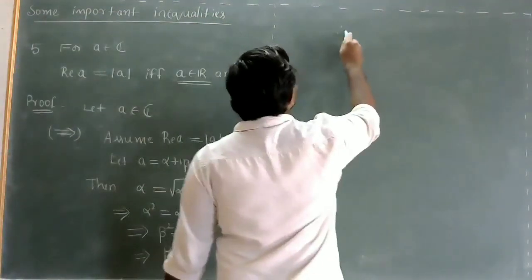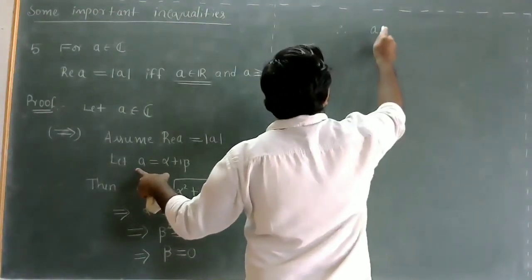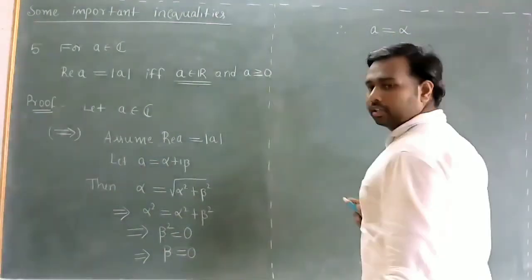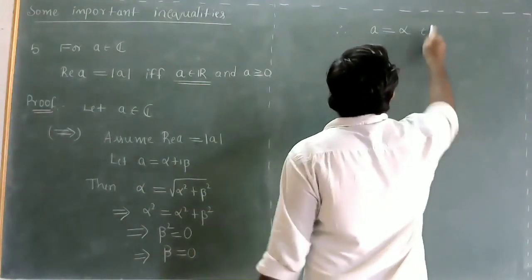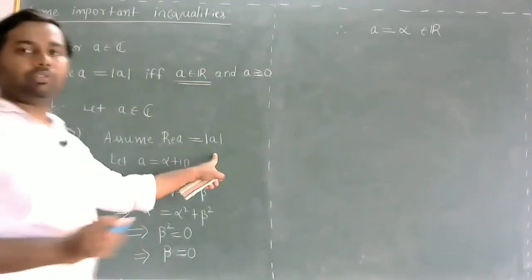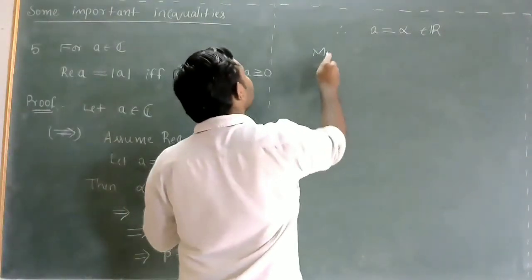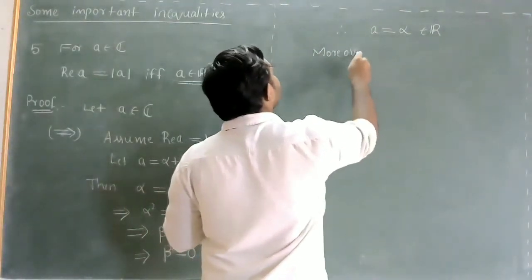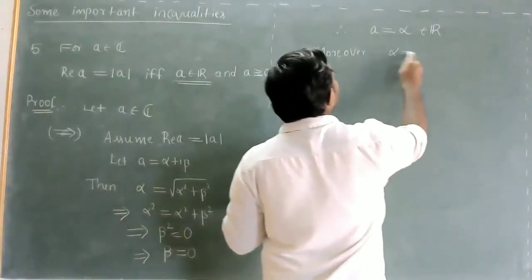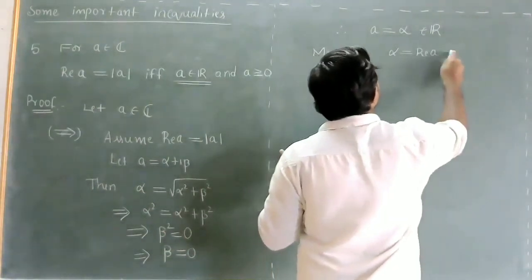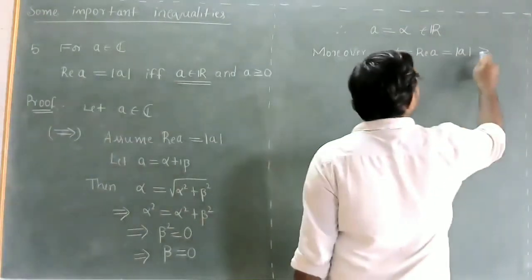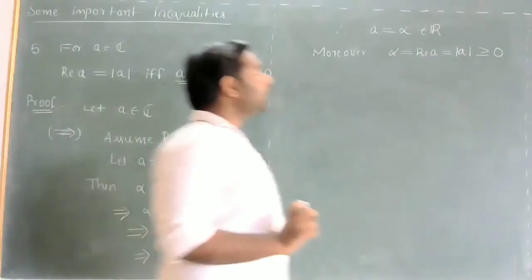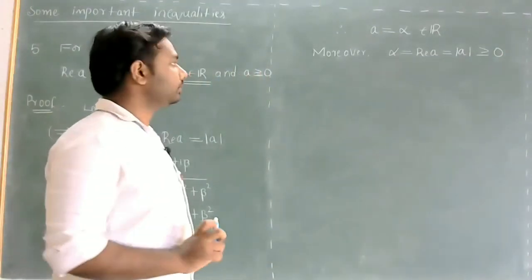So beta is 0 means in that case A will be alpha, and alpha is the real part of A. So it will be a real number. Now moreover, alpha, which is the real part of A, is modulus of A, and you know that modulus of A is always greater than or equal to 0.